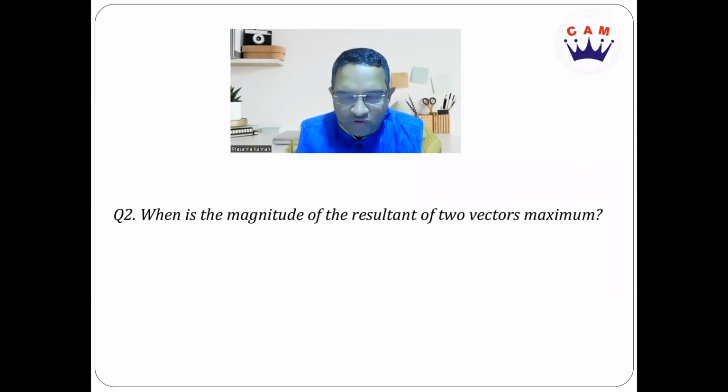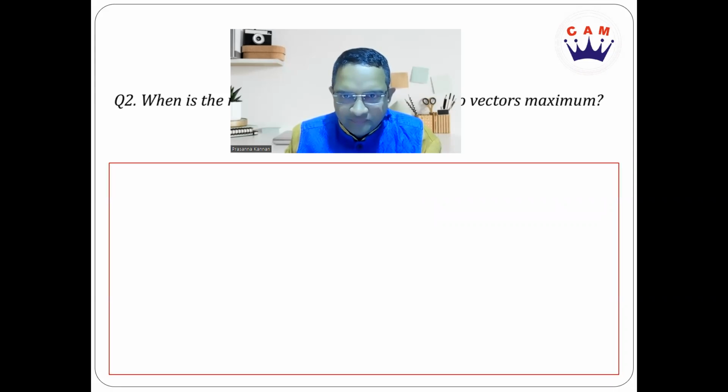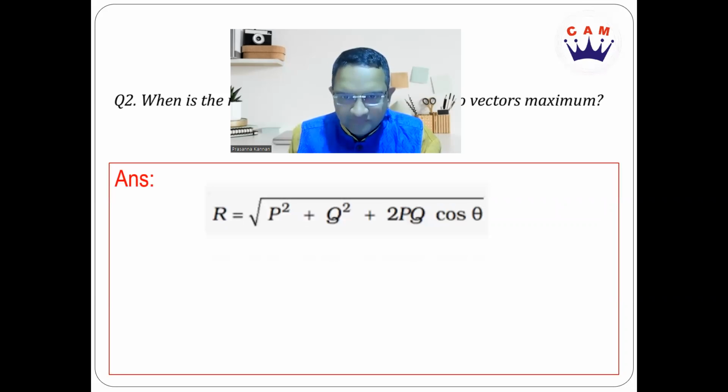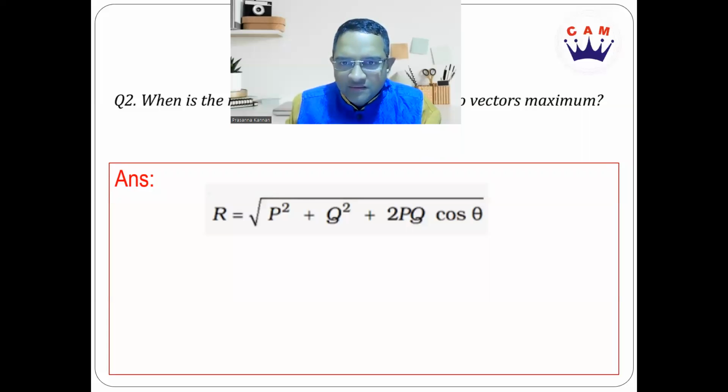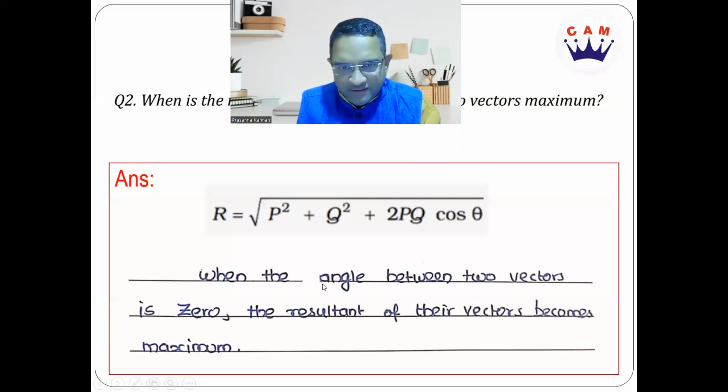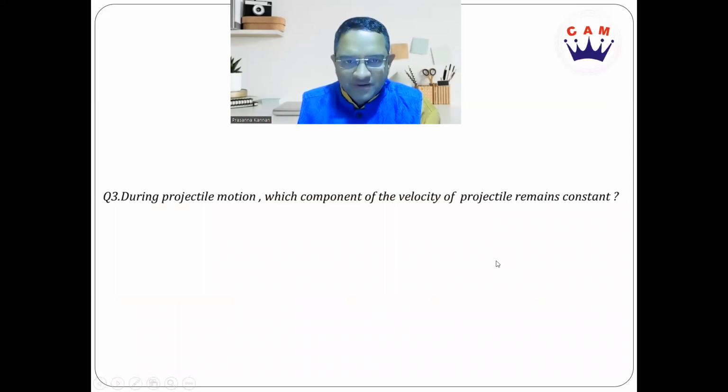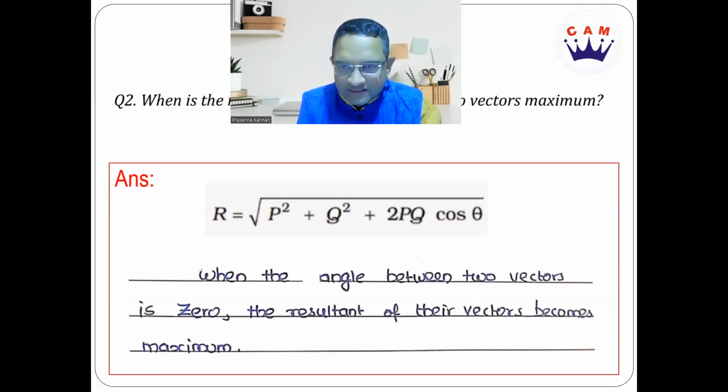The resultant is given by root of P square plus Q square plus 2PQ cos theta. The answer is when cos theta is equal to 1, that is, angle theta is 0 degrees. Absolutely. So the answer you're expected to write is: when the angle between the two vectors is 0, the resultant of the vectors becomes maximum, right? That's exactly what you're expected to answer.